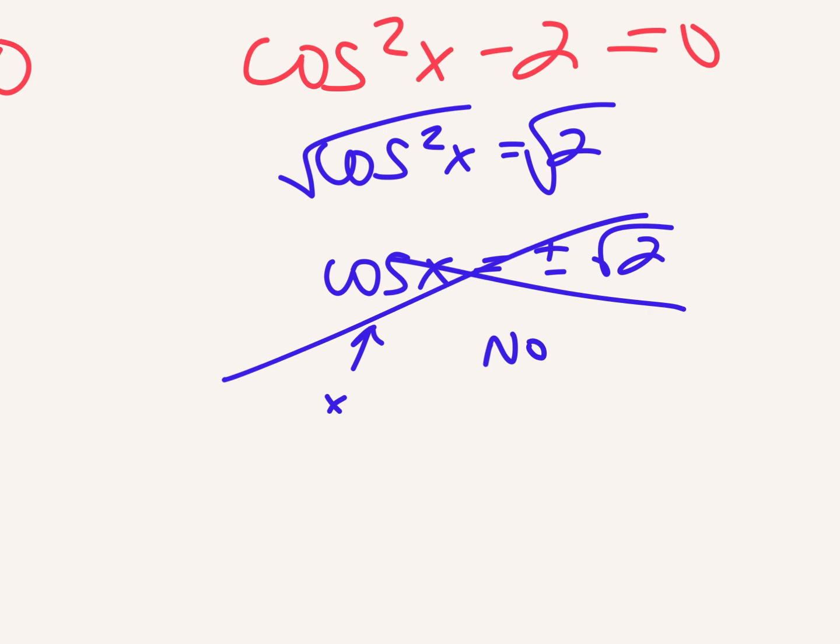You could say no solution here. You would only be able to do that with a what? How could you figure out the square root of 2? A calculator. If it's not on the unit circle, this would be plus or minus like 1.4. Nope. Not for this part. For law of sines and cosines, you will. You have to. But if it's not on the unit circle, guys, no solution.